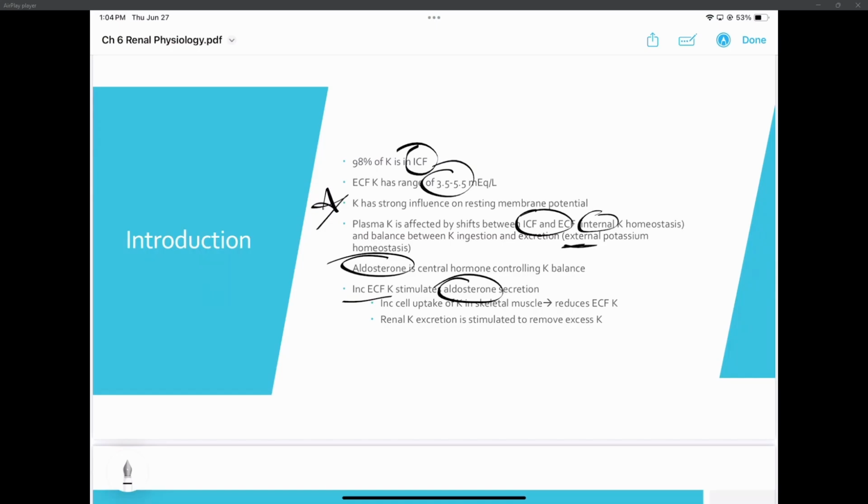It promotes sodium reabsorption where water comes along with it, but it dumps potassium into the urine. So if we have high concentrations of potassium in the blood, we have to get rid of it. The way we get rid of it, aldosterone comes out and pushes that potassium into the urine, and that will lower your potassium. So that's how aldosterone works just for potassium concentrations alone. So we can increase cell uptake of potassium in our skeletal muscle. That can also get rid of extracellular potassium, or we could excrete more potassium via aldosterone.